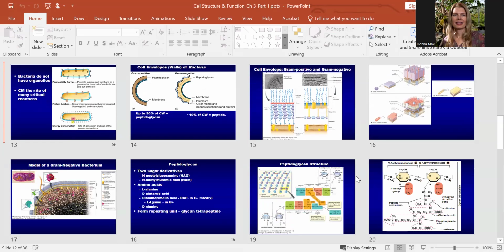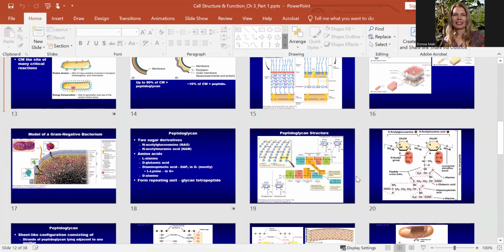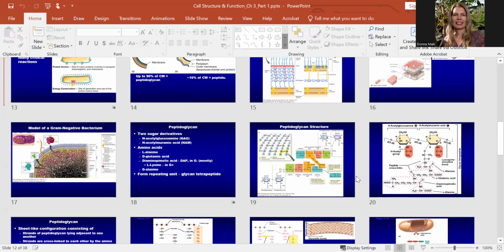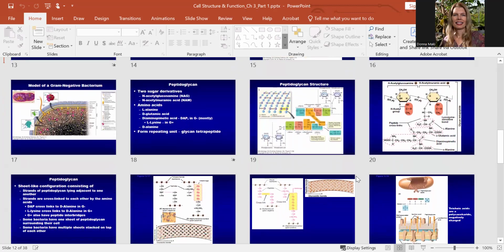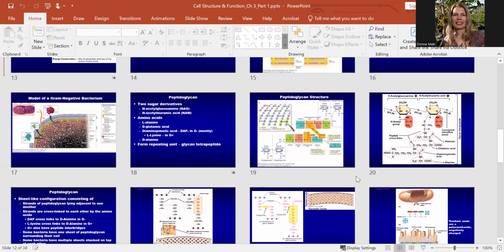So the material starts here. So we already covered this one, but we're on to the cell envelope for gram-positive and gram-negative. So cell envelope, cell wall, same thing. So working through these slides, are there questions about peptidoglycan or any of the other content?